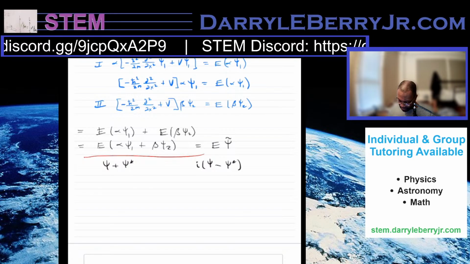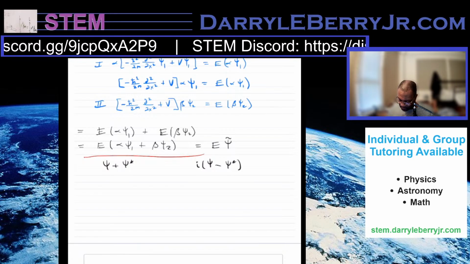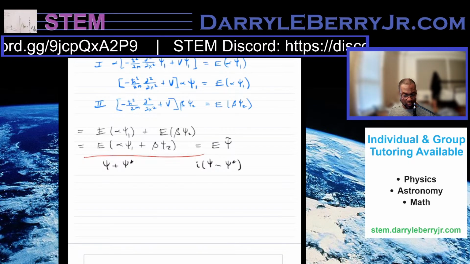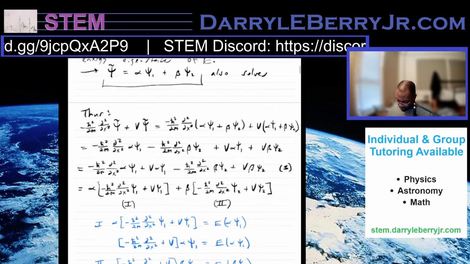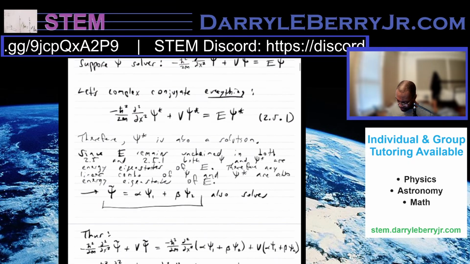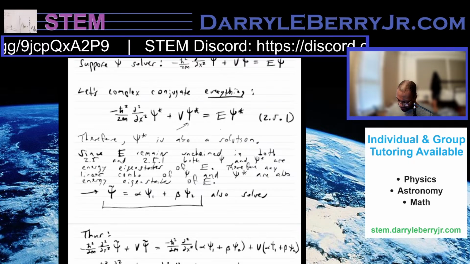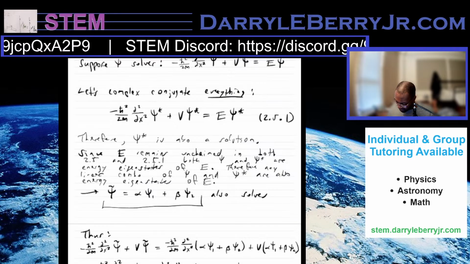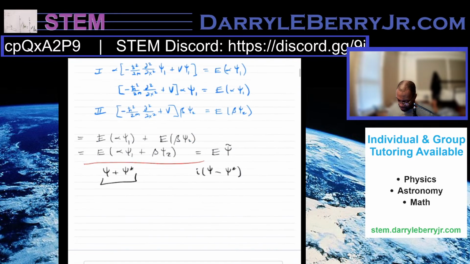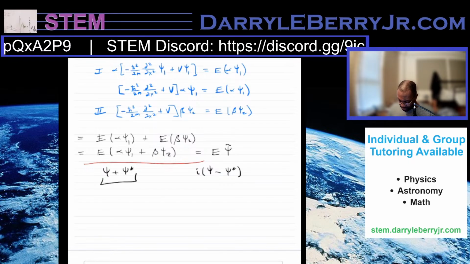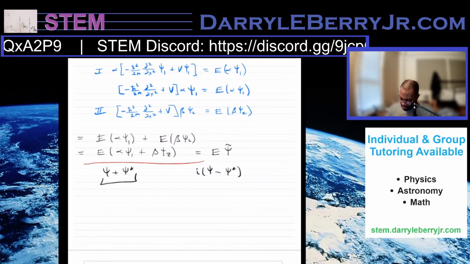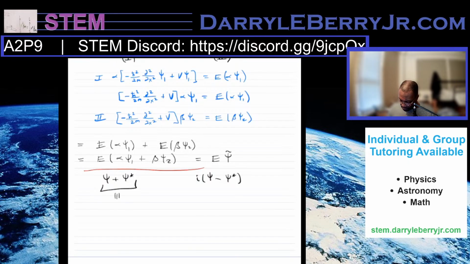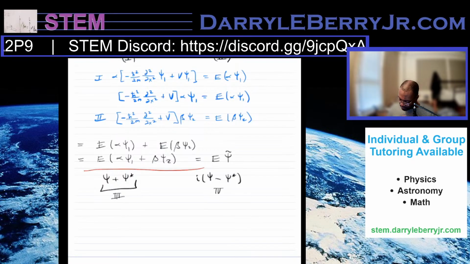So if psi is complex, then this will solve it. We showed that earlier. We showed that the complex conjugate doesn't affect energy. So the complex conjugate would also solve for the same E. So the linear combination will solve for it. Let me write that. I'll call this 3 and 4.